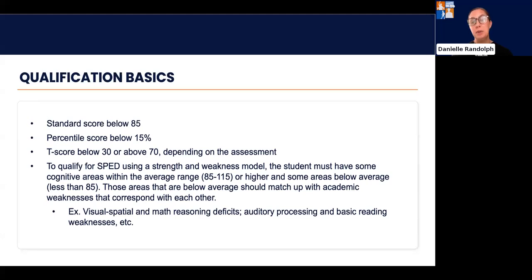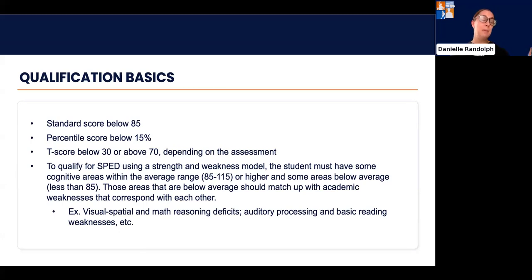And sometimes that's because of the test manufacturer and they use 80 to 85 as low average. I disagree with that terminology. I don't think that's low average at all. But sometimes schools will even use that 80 to 85 range and say that they don't qualify because it's not below enough. It's not low enough. Which, again, I'm sure all of you are probably thinking that's absurd because it truly is.